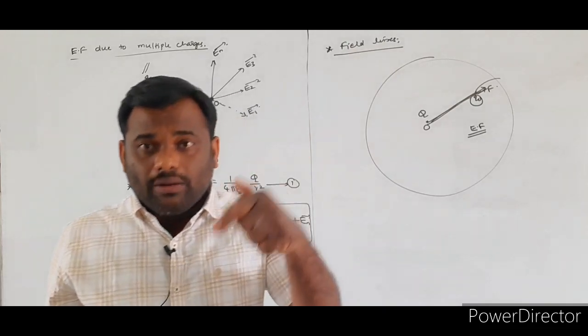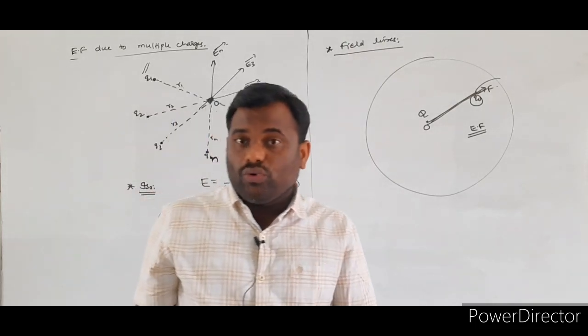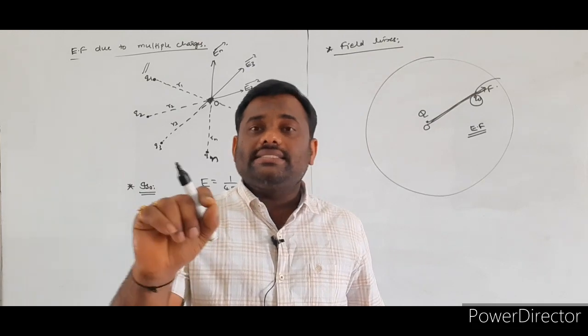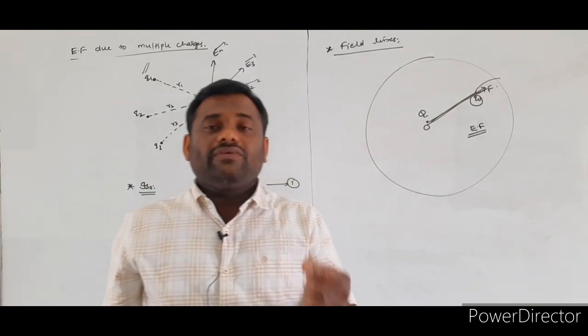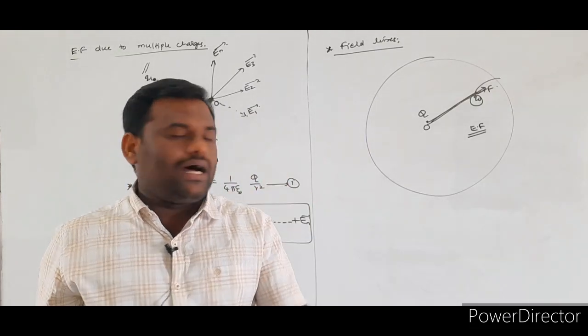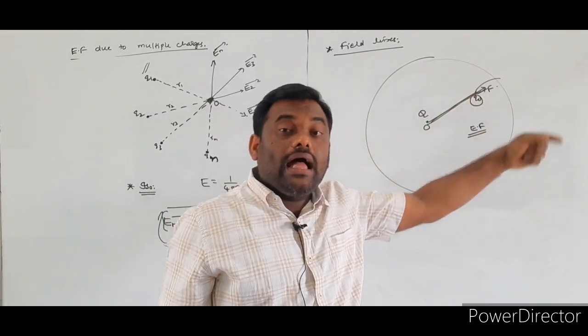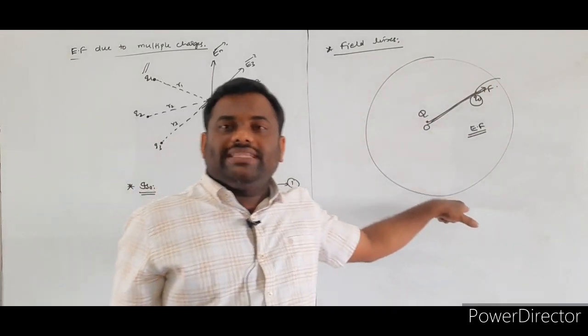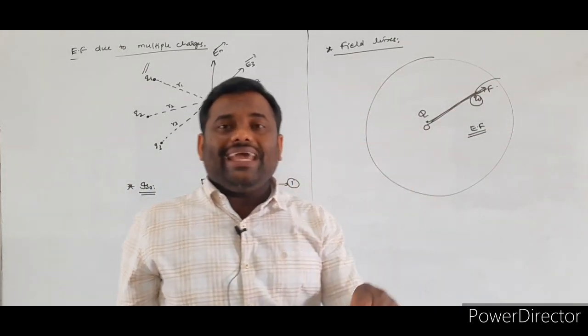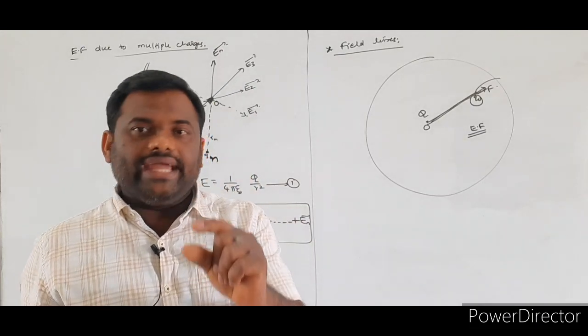While it is in motion, it follows some particular path. Whatever the path that is followed by the given test charge within the electric field will be called electric field lines.